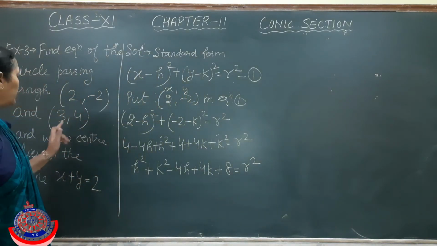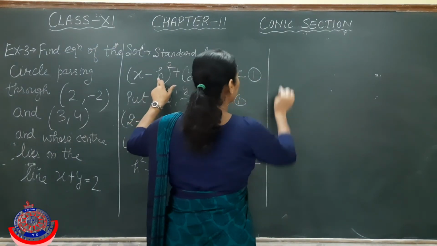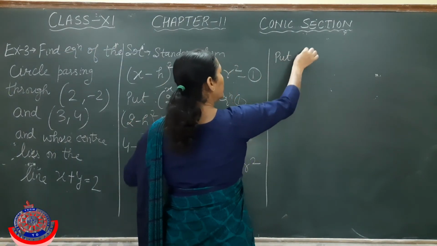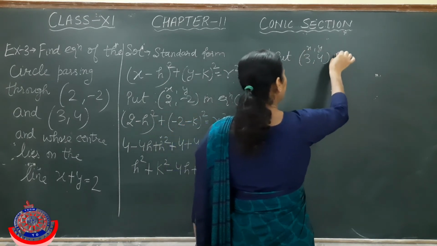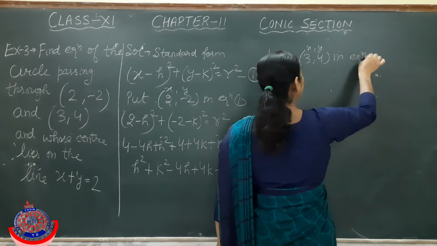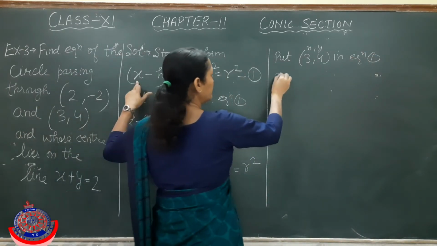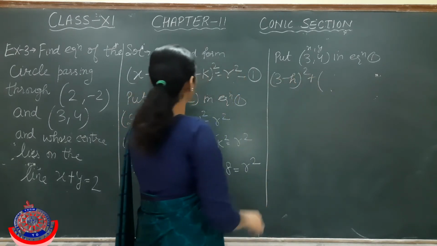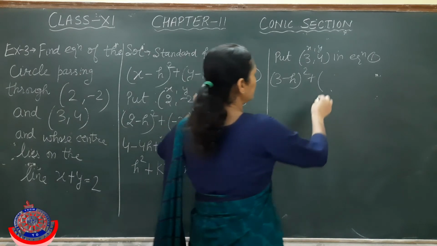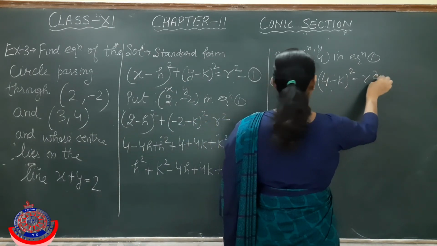Same way, if we put 3 and 4 in this equation, put 3, 4 as x and y in equation number 1, we will be having 3 minus h whole square plus 4 minus k whole square is equal to r square.